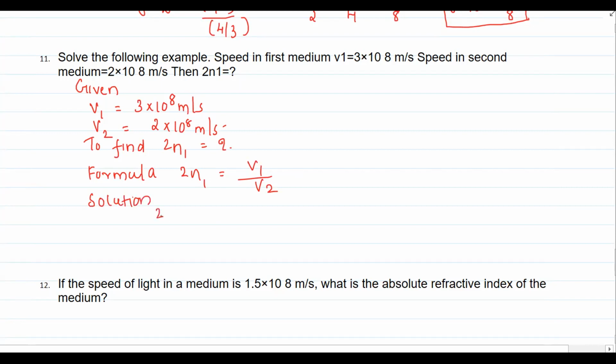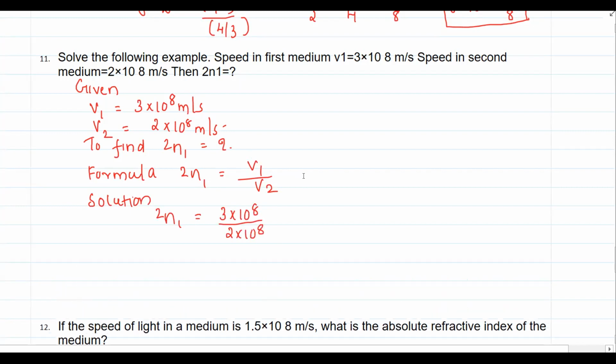We will get V1, 3 into 10 raised to 8 upon V2, 2 into 10 raised to 8. 10 raised to 8 and 10 raised to 8 will get cancelled. And we will get 3 divided by 2. 3 upon 2 is 1.5. So this is the solution. Refractive index of second medium with respect to first is 1.5.